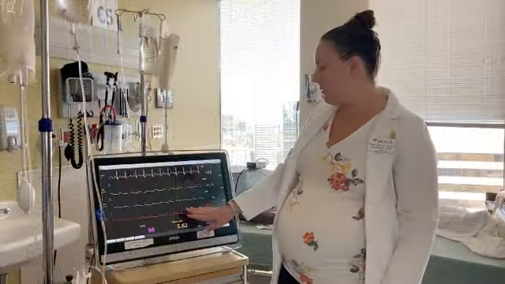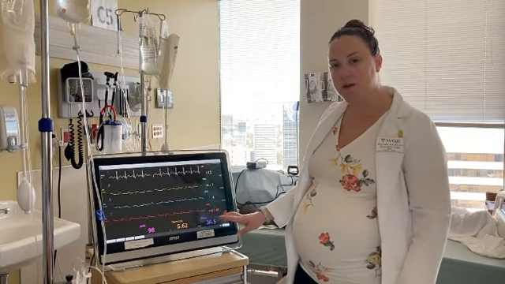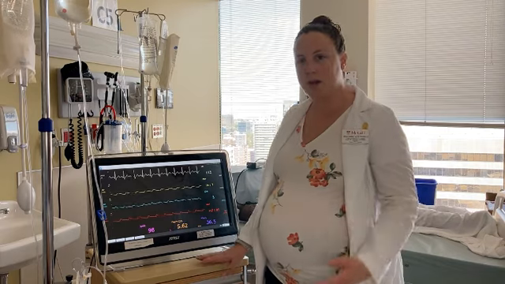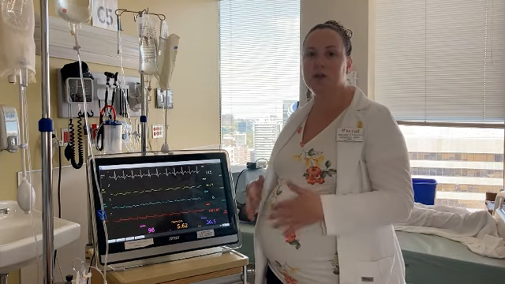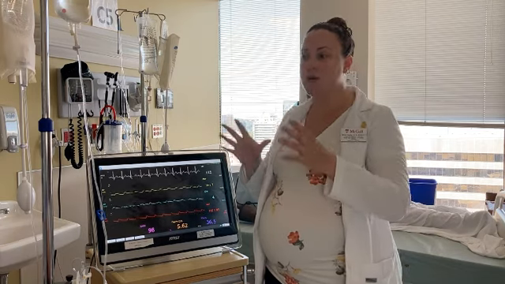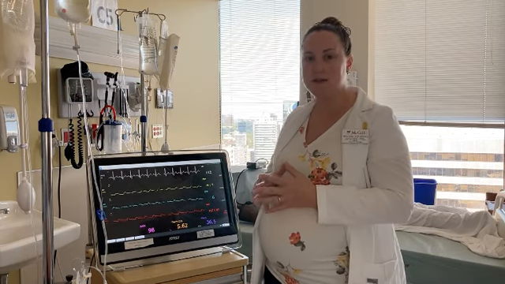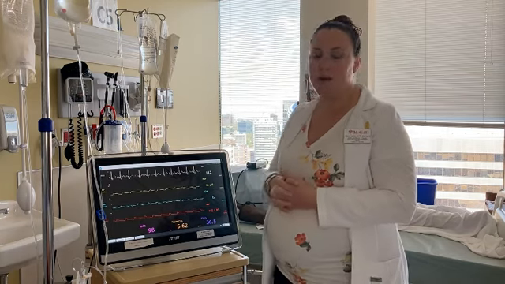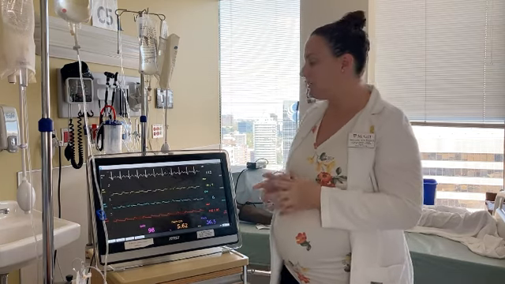So other variables that we're going to be looking at, as we do our thermodilution cardiac output, we always want to look at all of the other values at that time. It really gives us a picture of what the patient clinically looked like at that moment in time when it comes to the hemodynamic parameters.